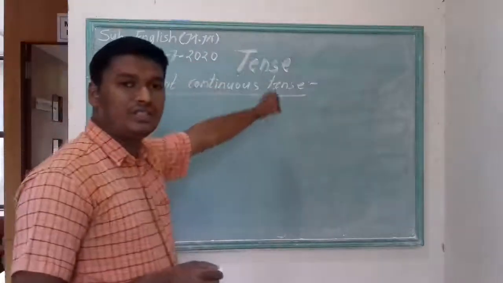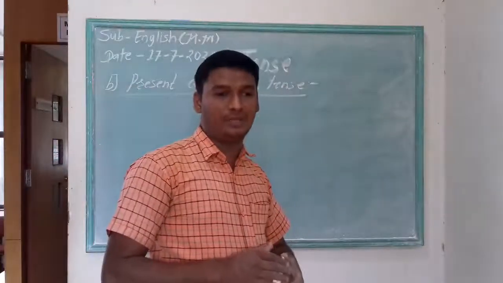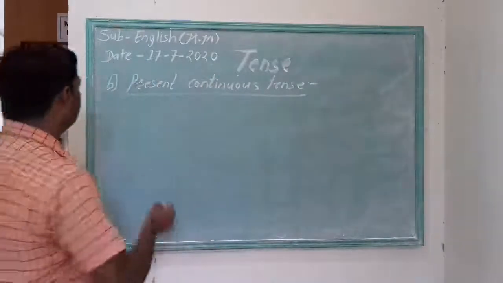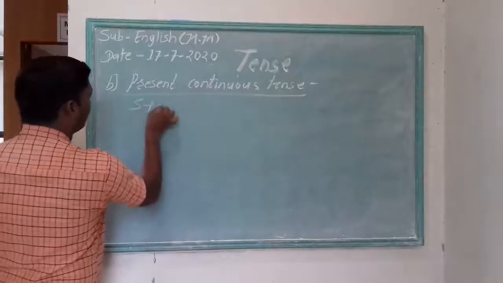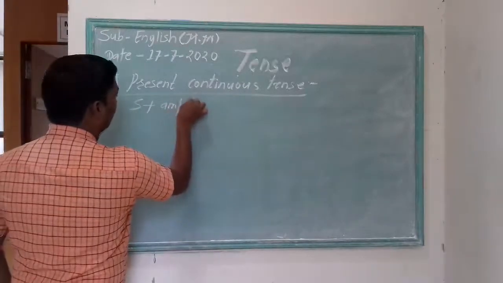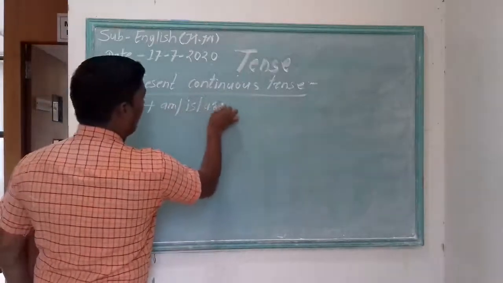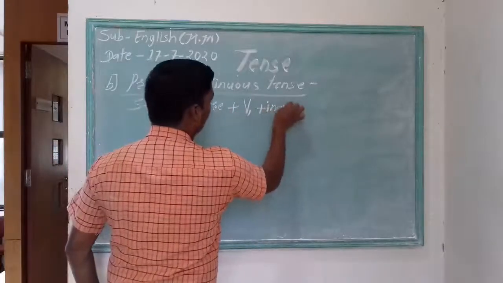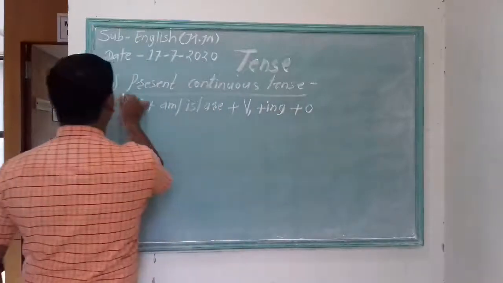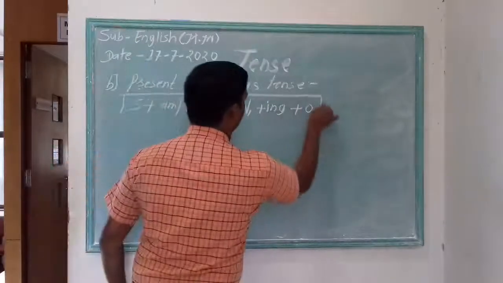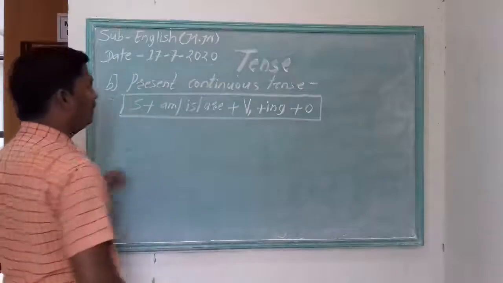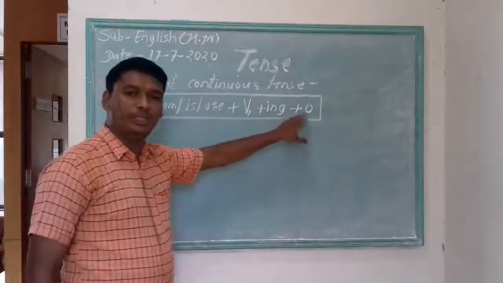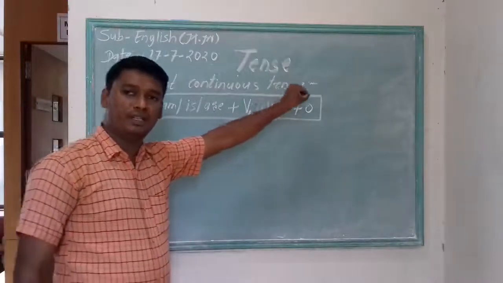Now, what is the structure of present continuous? Subject plus am or is or are plus V1 plus ing plus object. It is the structure of present continuous.